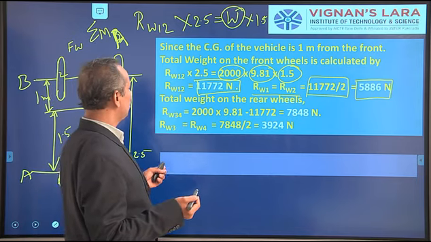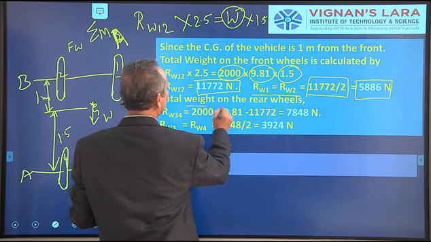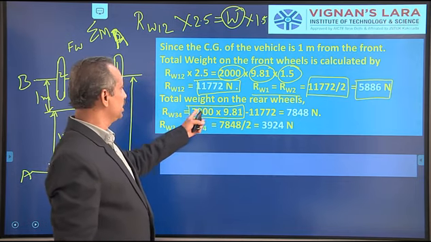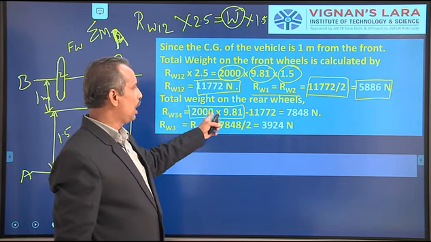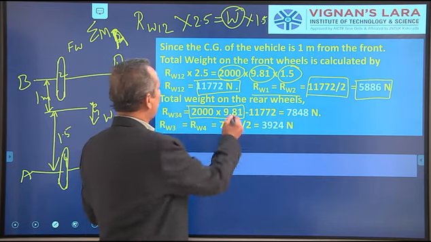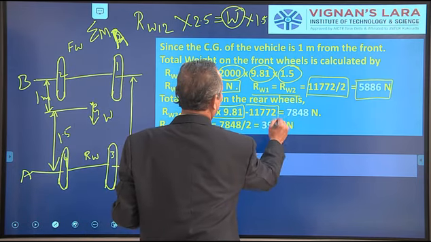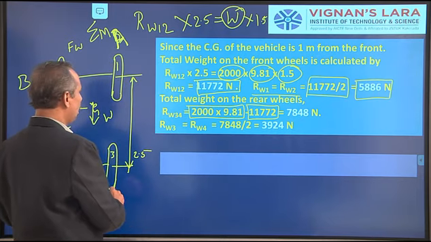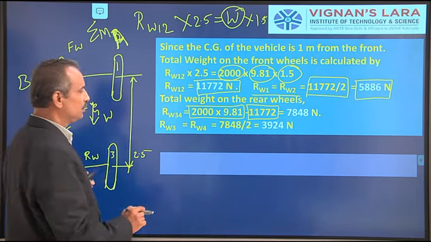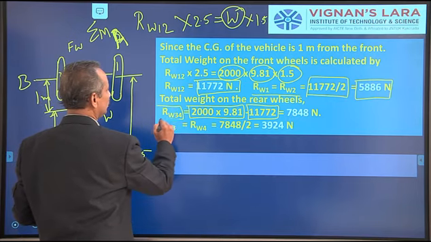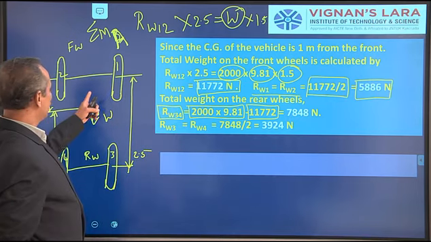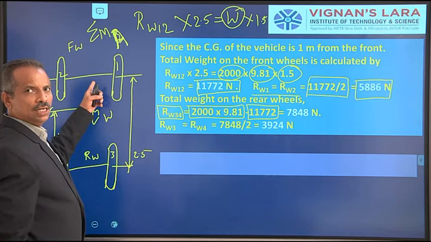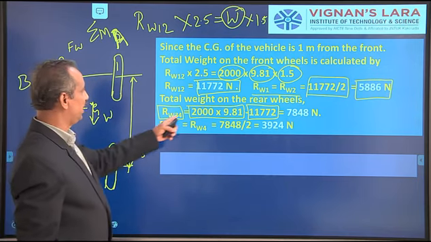the total downward force is equal to the total upward force. What is the total downward force? That is 2000 into 9.81, that is mg. Out of this mg, if I subtract the upward force of 11,772, then I get the reaction on 3 and 4. The total sum of the front wheels and rear wheels forces is the downward force of self weight.